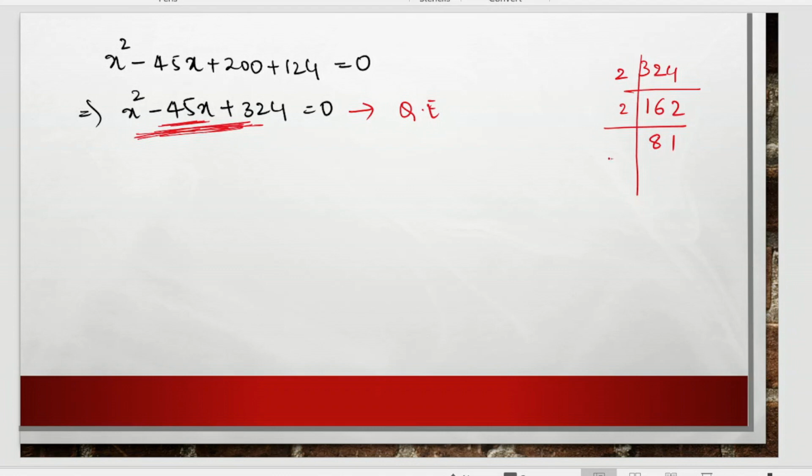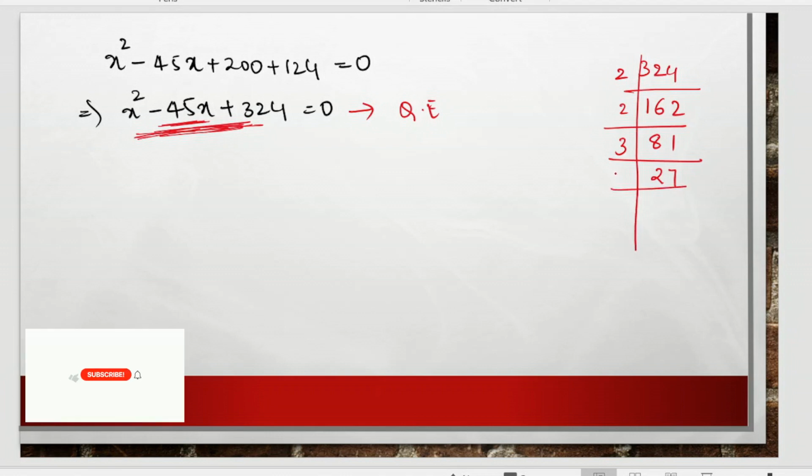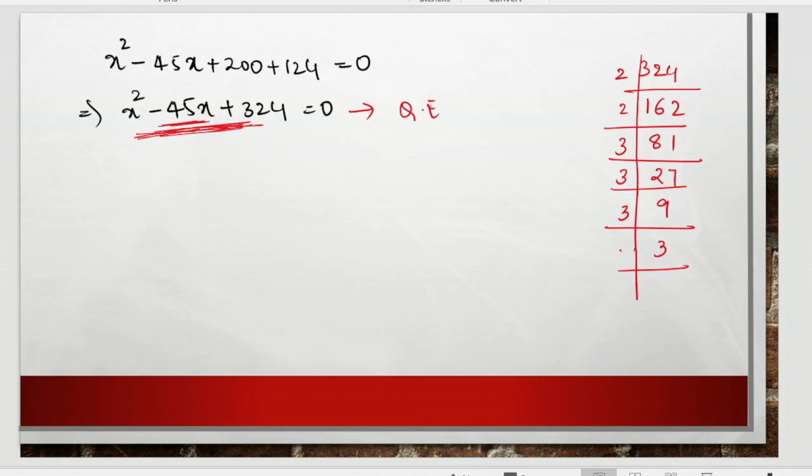Then 3 twenty-sevens, 3 nines, 3 threes, 3 ones. If you multiply, you need to get 324, and if you add them, you need to get minus 45, which is our middle term.